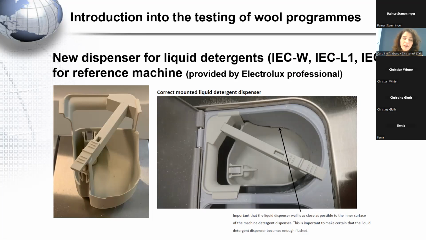It's easy to apply it into the reference machine. You have to take a bit of care to put it correctly inside the main detergent compartment. As you see here, you have to take care that there is no gap between the inner wall and this liquid detergent dispenser.